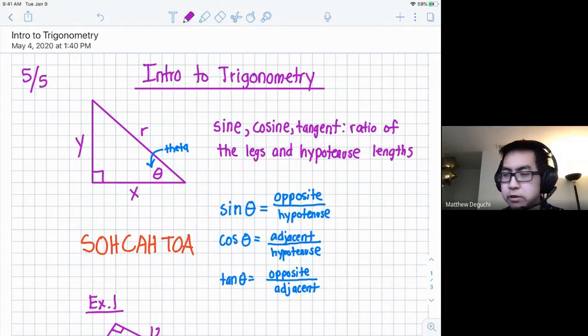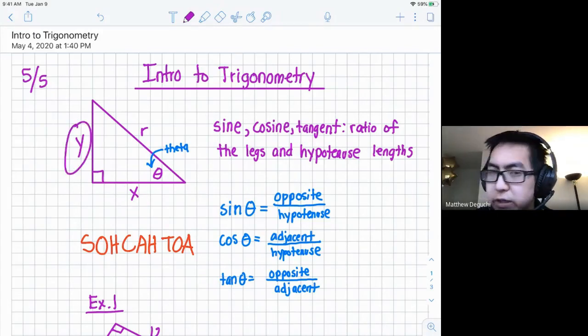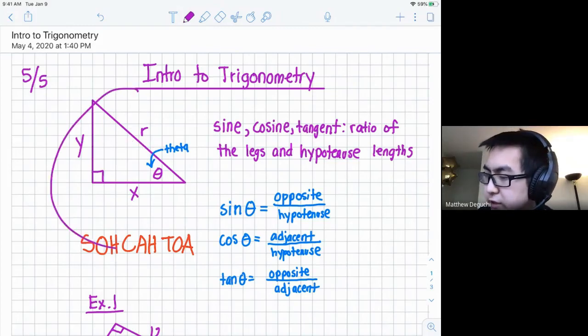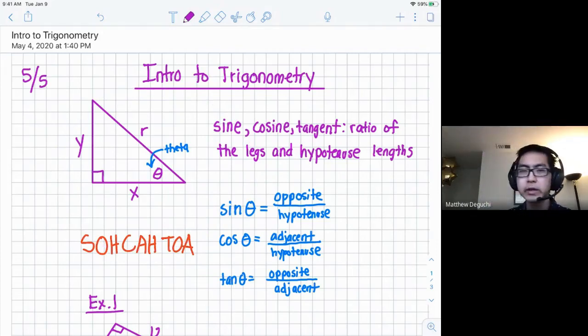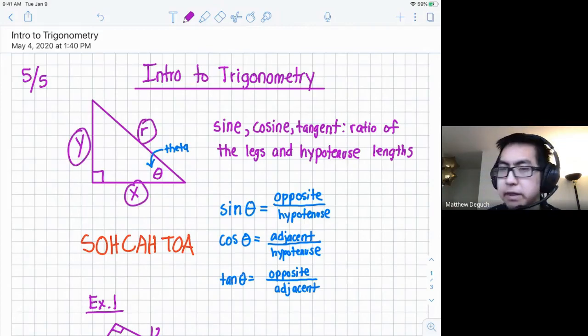Okay, so there's an x value right there. There's a y value right there. And this is called r, because if you imagine this on a circle, then that is the radius, which is called r. You guys are used to variables being letters because they represent lengths.